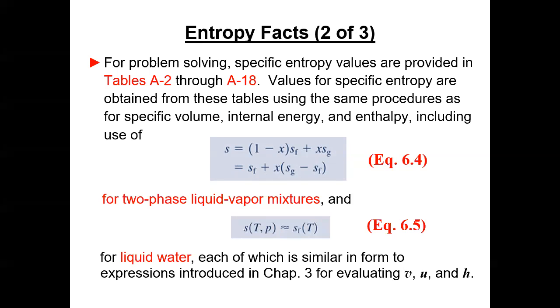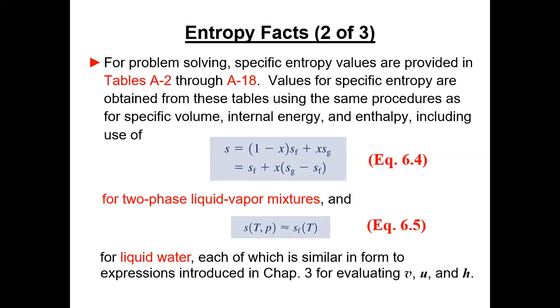Okay, and then remember, good review. If we have, say, compressed or subcooled liquid at some pressure and temperature, our first approximation is to assume that whatever property we're looking for, in this case entropy, we evaluate at the temperature.